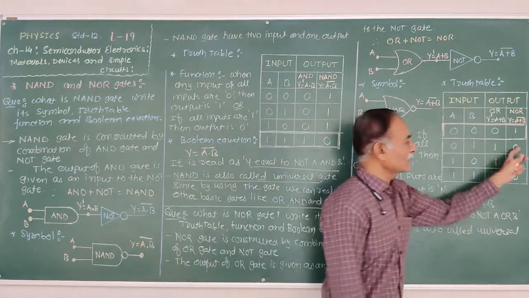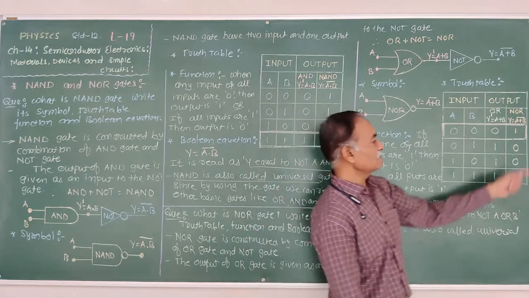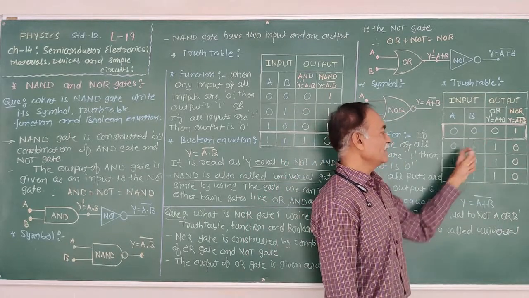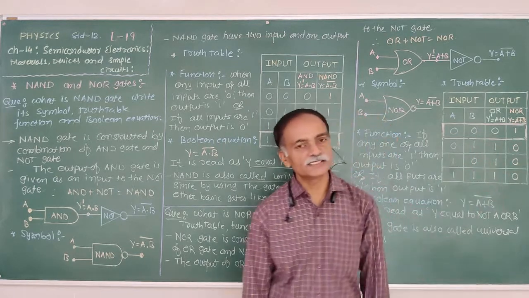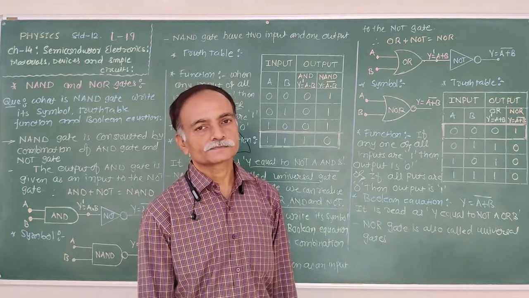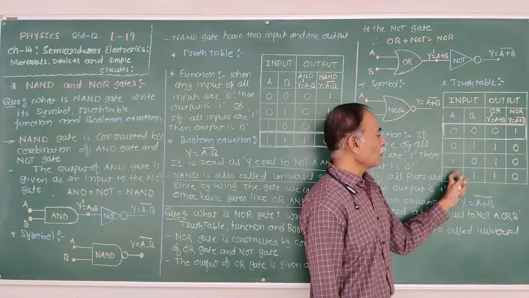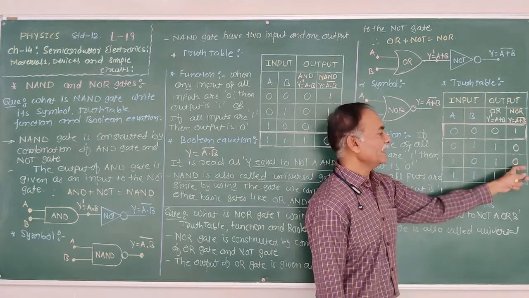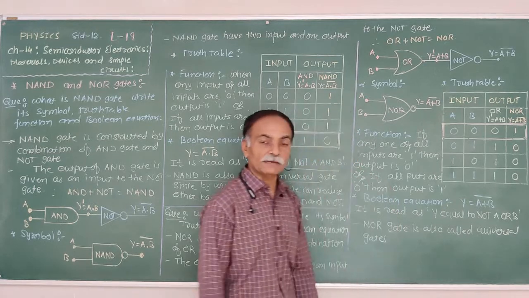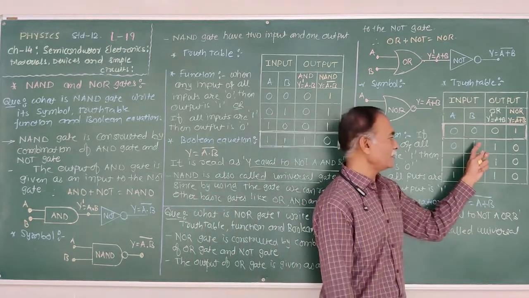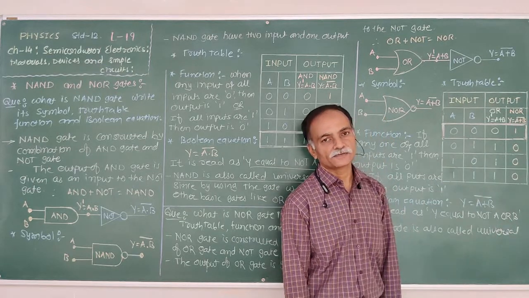From the remaining output 0, we can also describe the function, in which case we obtain 0. If any one input is 1 or all inputs are 1, we obtain the output 0. Another method to describe the function of a NOR gate is: if any one or all inputs are 1, output is 0.